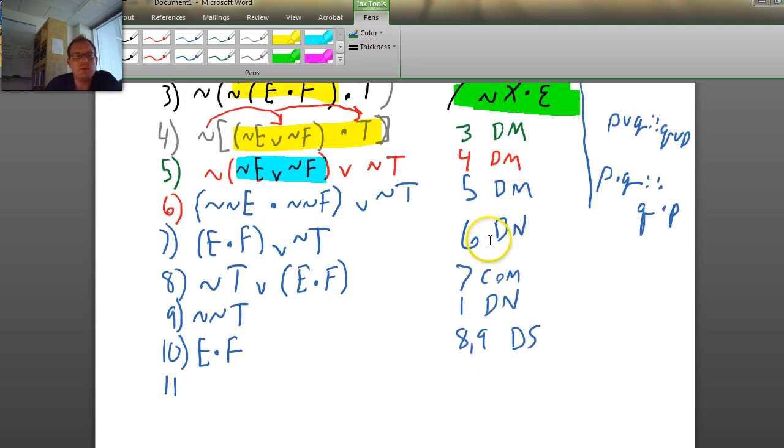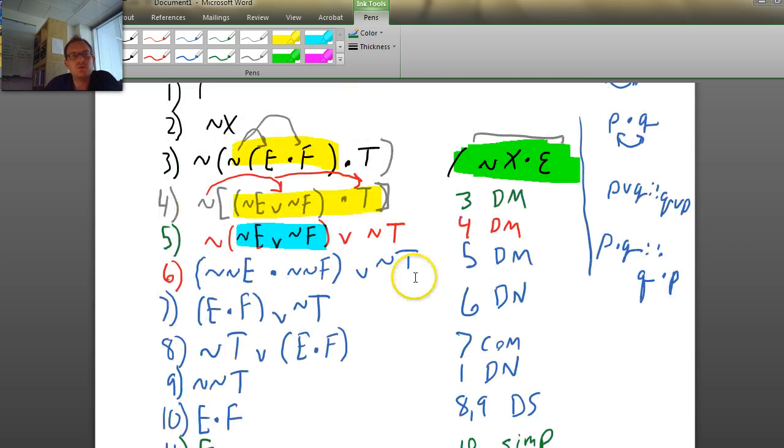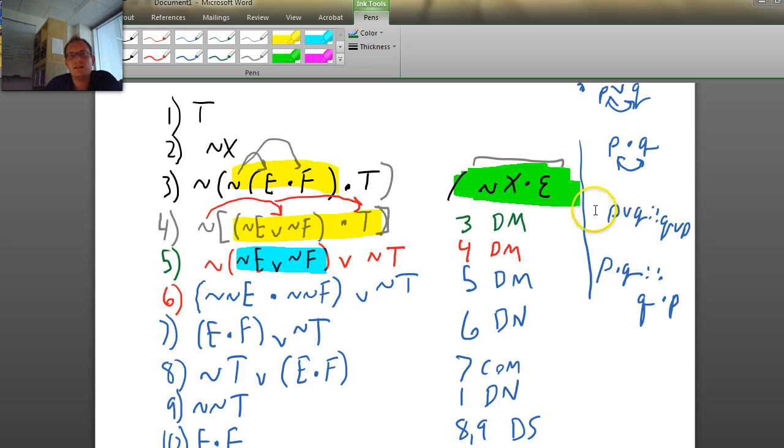So what I'm going to use now in line 10 is that whenever you have a conjunction, you can always use the rule of simplification and basically cut out one of these. So I'm going to conclude E from line 10 using the rule of simplification, right? Now look, I have an E and I have a not X, and the rule of conjunction allows me to take any two premises and combine them with the conjunction operator.